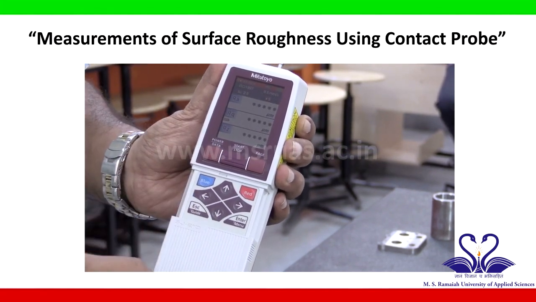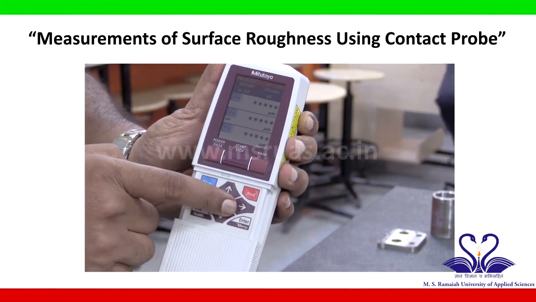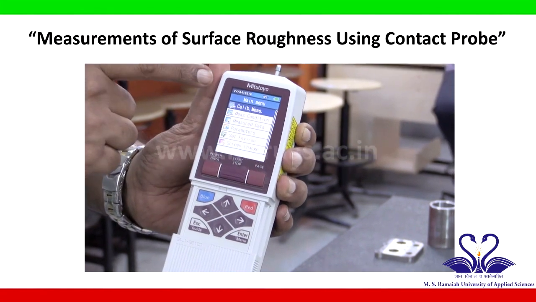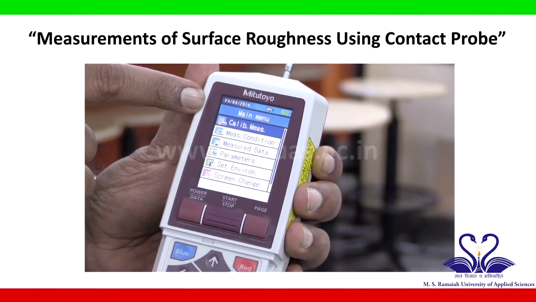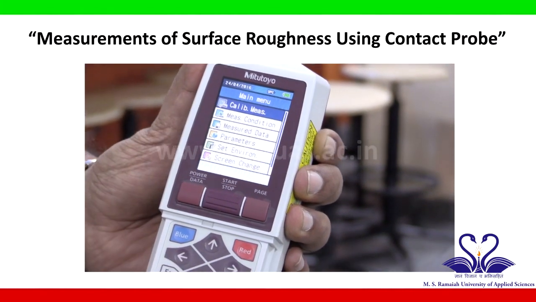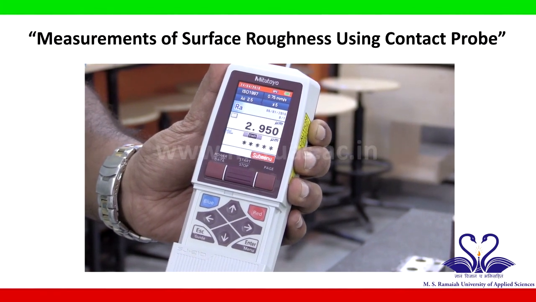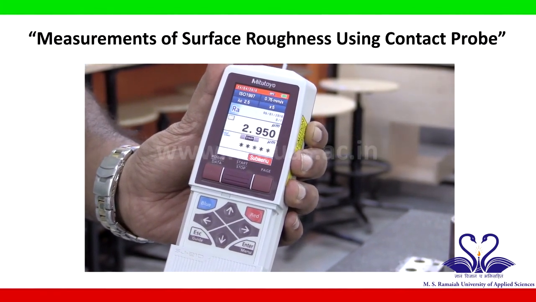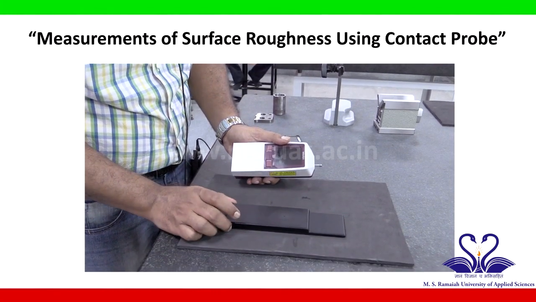Now let us calibrate by entering into the home screen or the main menu. You can see the calibration option. So let us select the calibration option. Now the instrument is ready for calibration. Now let us use the stand for calibration.